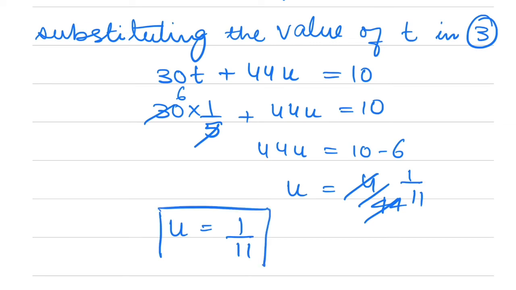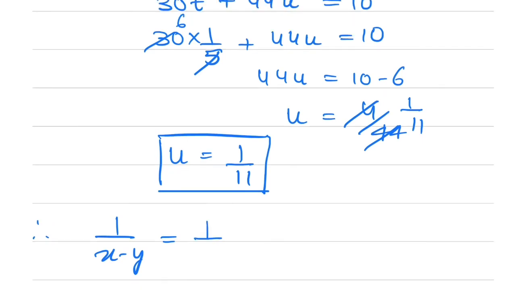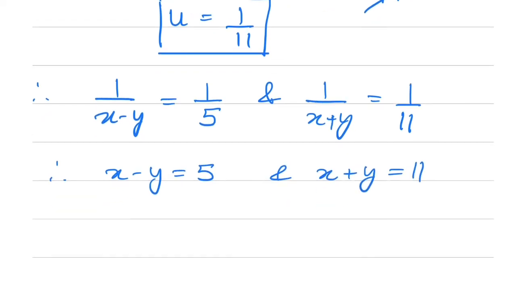Now we have to find x and y, the speed of the boat and the stream. Therefore 1 by x minus y is equal to 1 by 5, and 1 by x plus y is equal to 1 by 11. Therefore x minus y is equal to 5 and x plus y is equal to 11.